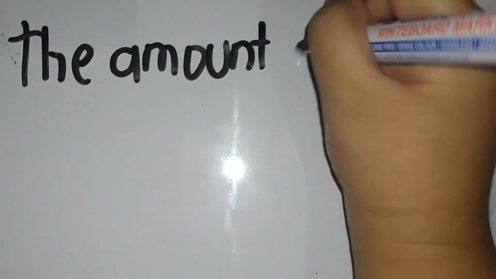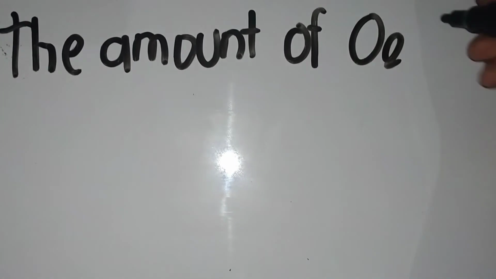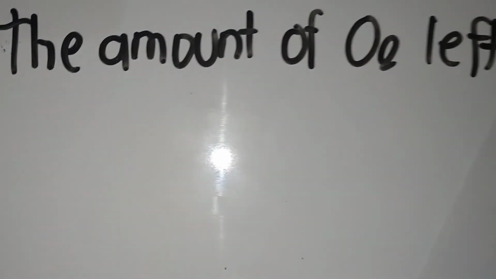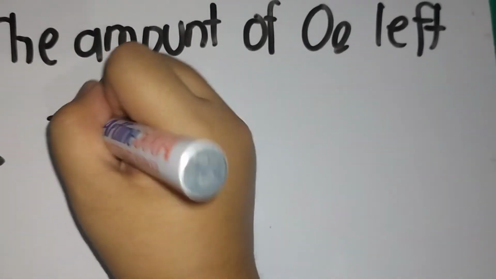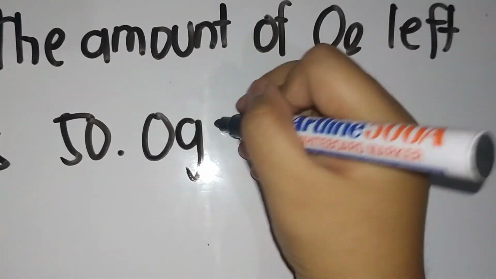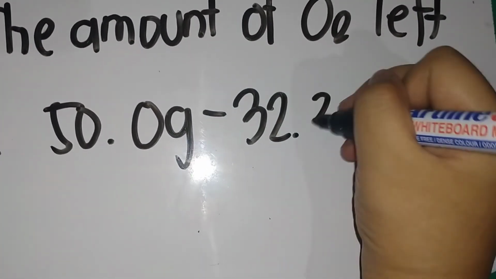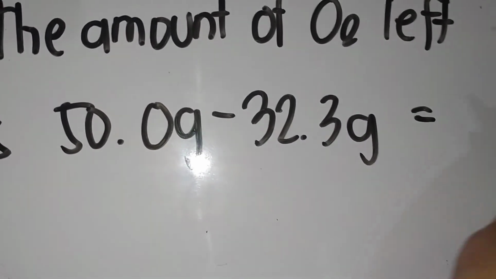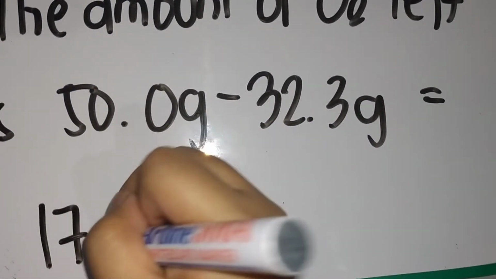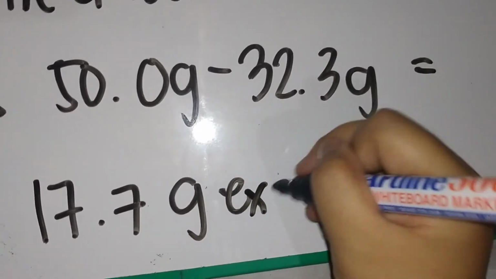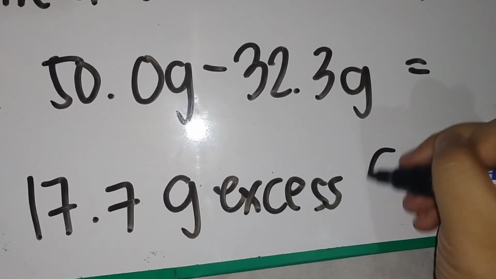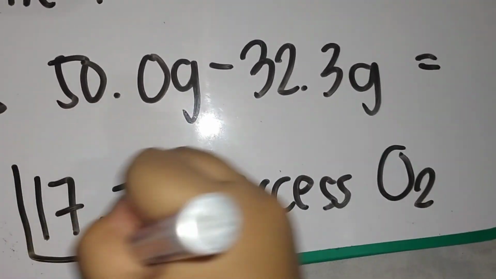So the excess amount of O2 left is equal to 50.0 grams minus 32.3 grams, which is 17.7 grams excess O2.